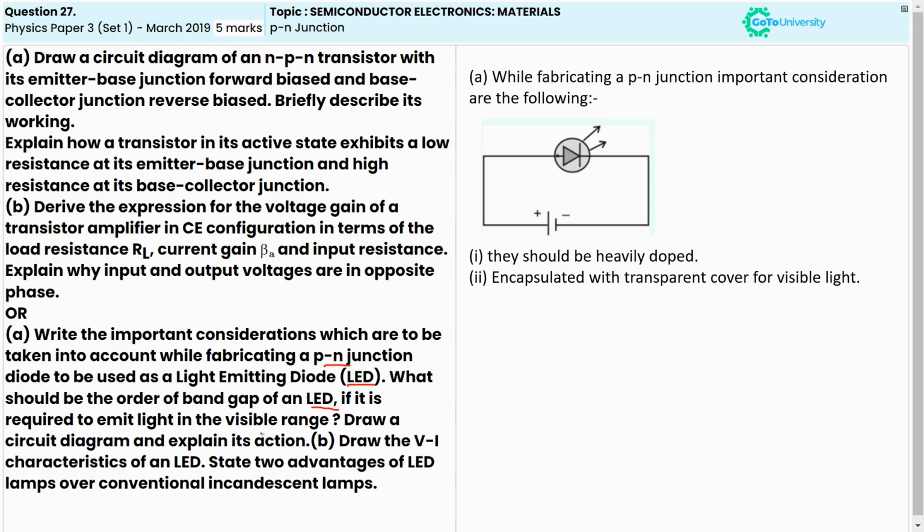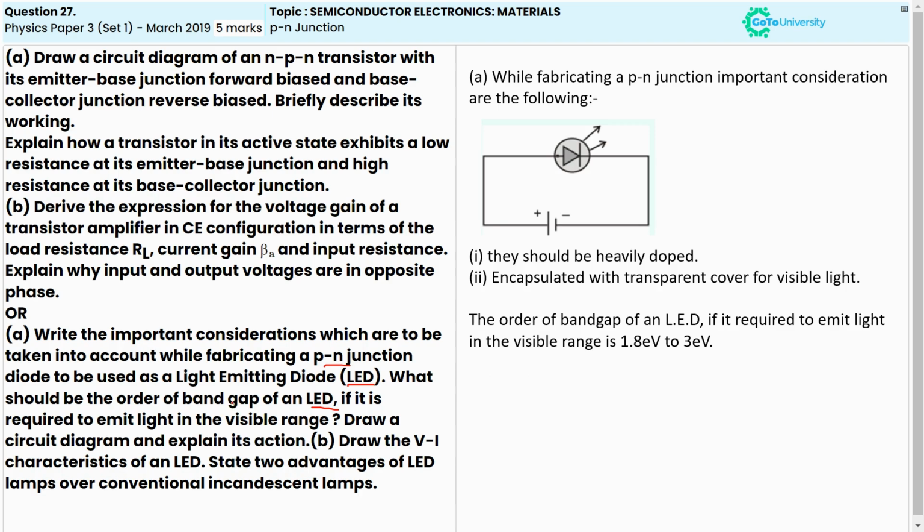Second point, encapsulated with a transparent cover for visible light. The order of the band gap of an LED if it is required to emit light in the visible range is 1.8 eV to 3 eV.